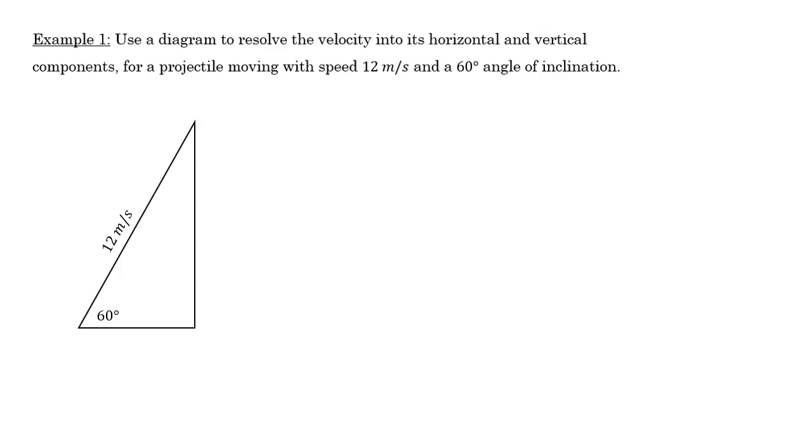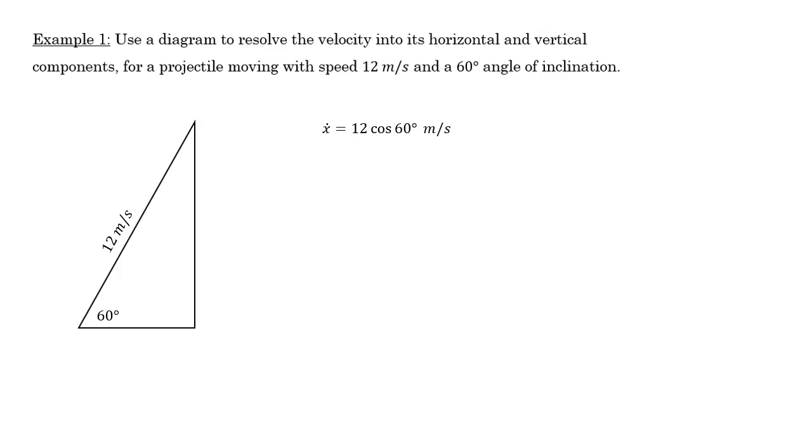So in our first example here, we're given, let's say, an initial velocity. This is probably how it's described, but some velocity of 12 meters per second at an angle of inclination of 60 degrees, and I want the horizontal and vertical components. Okay, we did some of this with vectors, and it's just right angle trigonometry that, given a hypotenuse of 12, to find the horizontal component, I'm going to use the cosine ratio.